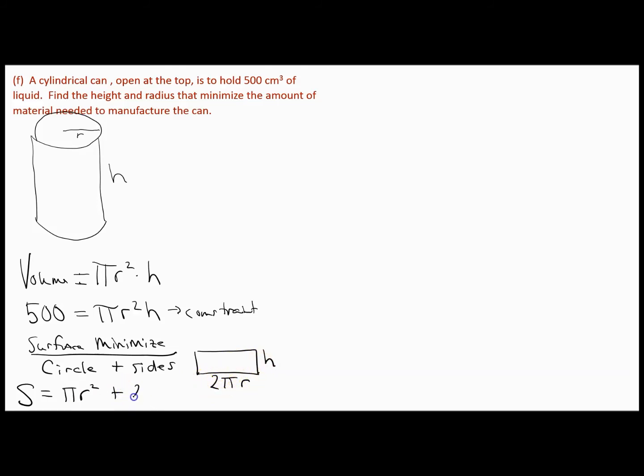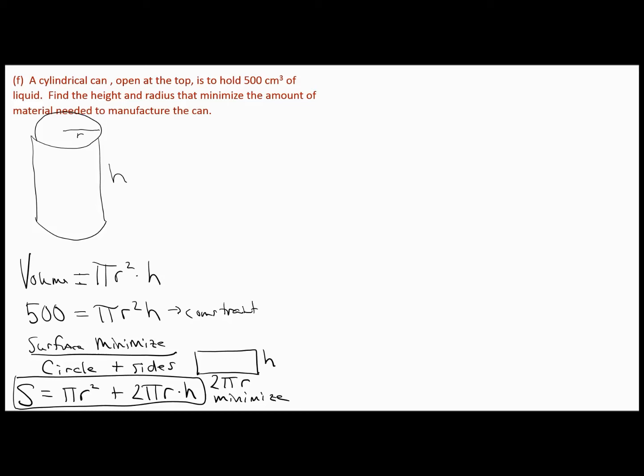So plus 2 pi r h. So this is the equation that we're trying to minimize. We've got to keep it to a volume of 500 centimeters cubed.